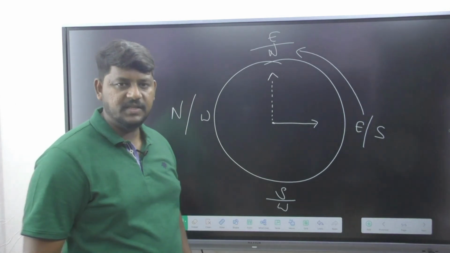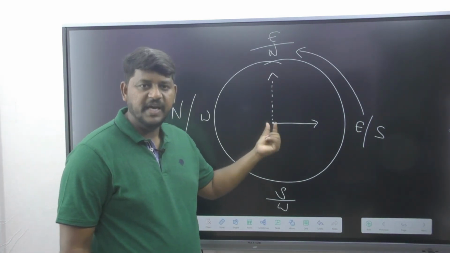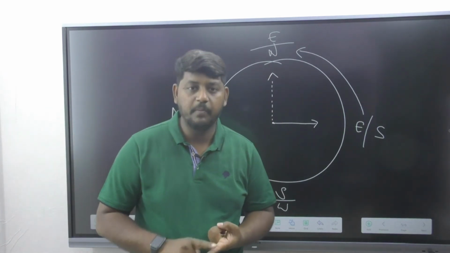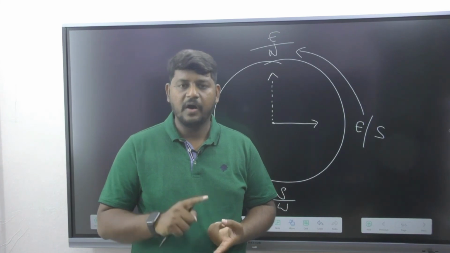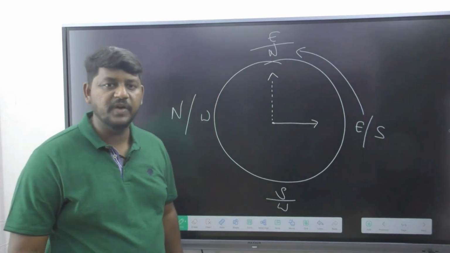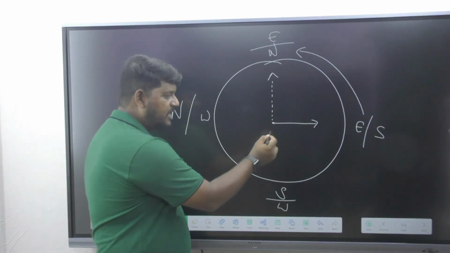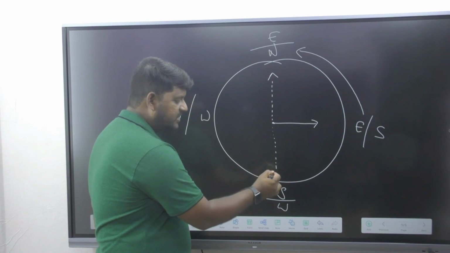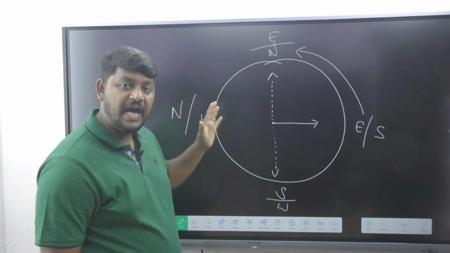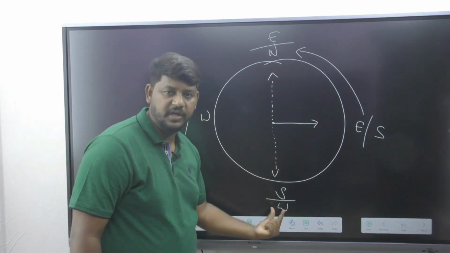Now the question starts in this way. A person who was using this compass is moving towards the west direction. As per the damaged compass, a person is moving towards the west direction. Now tell me, as per the damaged compass, the west direction is over here, correct? Originally the west direction is over here, but as per the damaged compass, the west direction is going through here, correct?